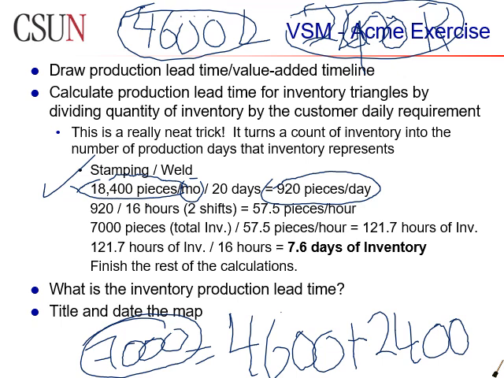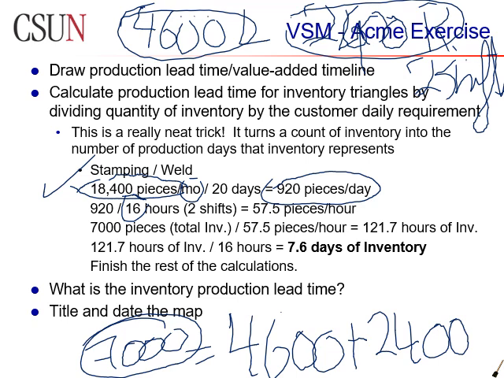They work 16 hours because they work 2 shifts. It's not actually written in the previous graph, but in the final graph, you will find that this information is mentioned there. So this company is working 20 days per month, and it's working for 2 shifts per day, 16 hours per day.